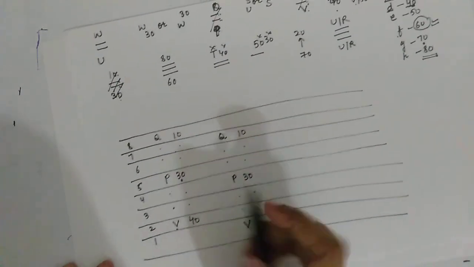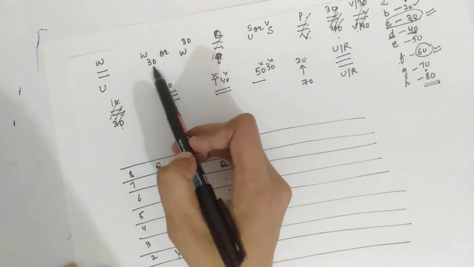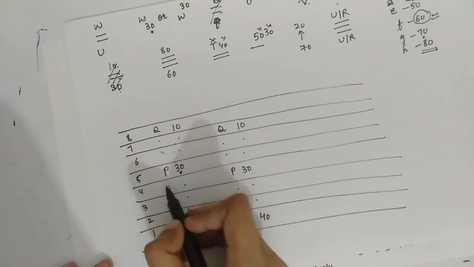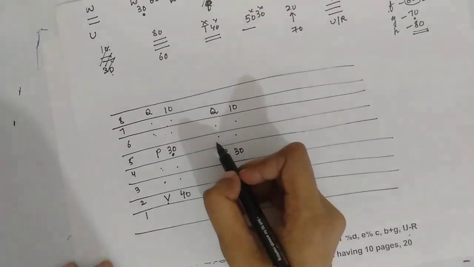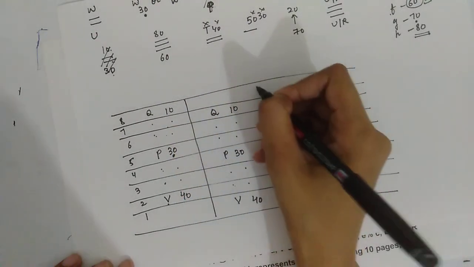Now see the next one. Yes. W is adjacent to the one having 30 pages. So this is 30. W can be here or W can be here also. So we have to make 2 more cases.